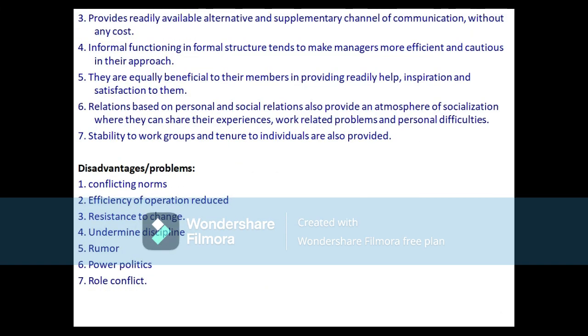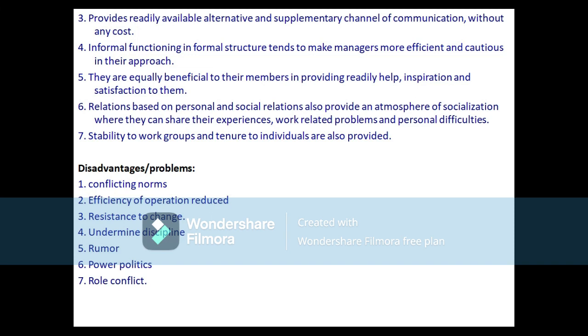Coming to the third one, it provides a readily available alternative and supplementary channel of communication without any cost. Readily available alternative and supplementary channel of communication means, for formal organization definitely there will be a procedure, there will be documentation, a written form of communication, which should be communicated to all the employees of the organization through proper channel.